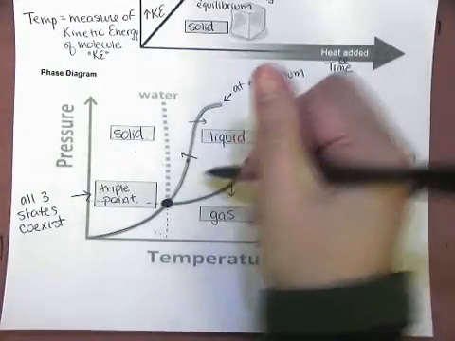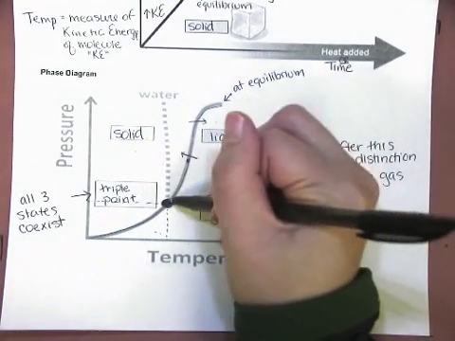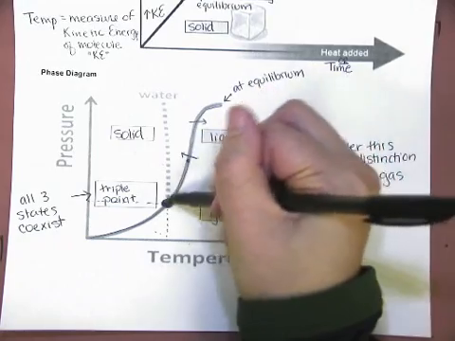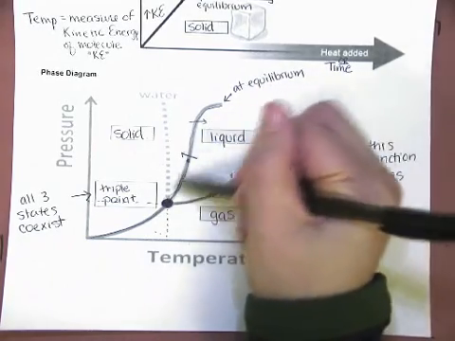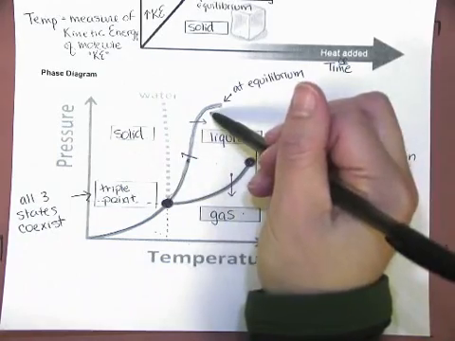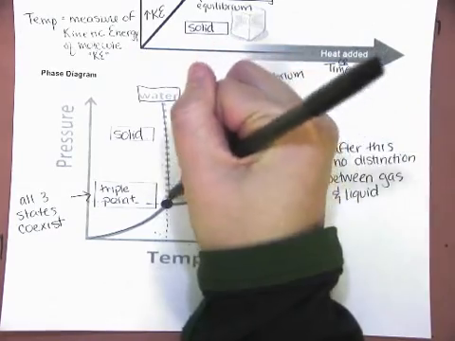One other thing to look at is that for every other substance besides water, our line between solid and liquid has a positive slope. It moves forward. Our line increases to the right here, kind of angles forward. For water, it has a negative slope and it angles backwards.